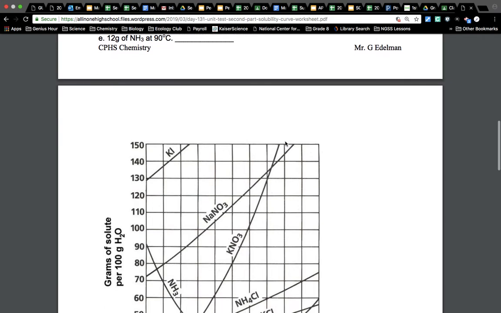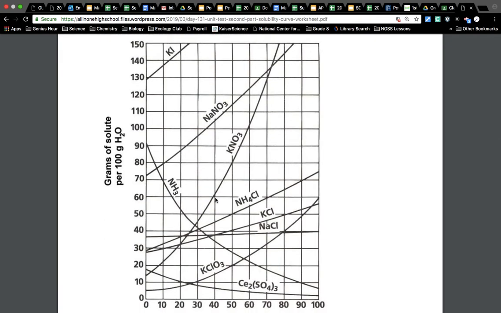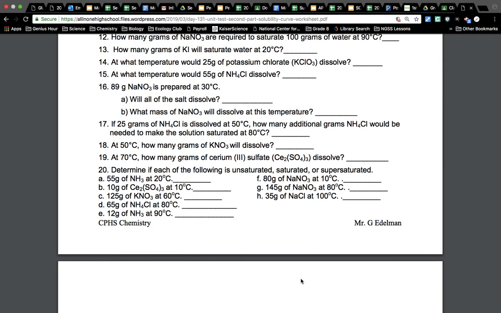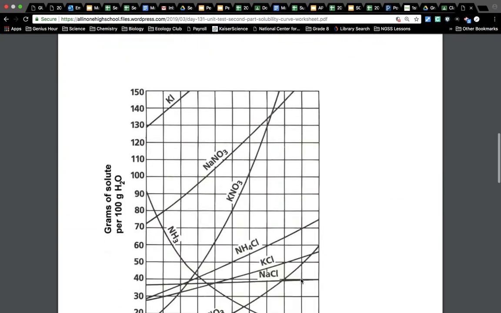12 grams of NH3 at 90. 12 grams, that looks like that one would be over, because it will hold about 10 grams. That'd be slightly over. That'll be supersaturated. 80 grams of sodium nitrate at 10 degrees.